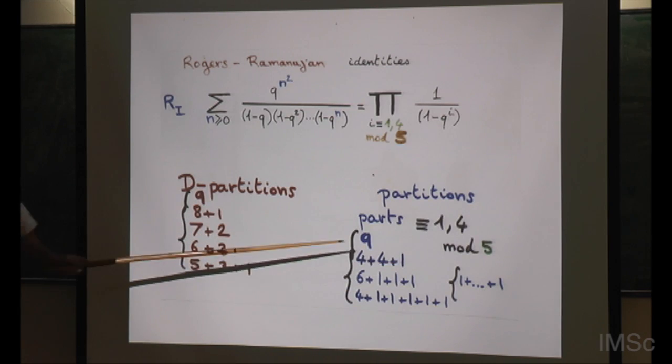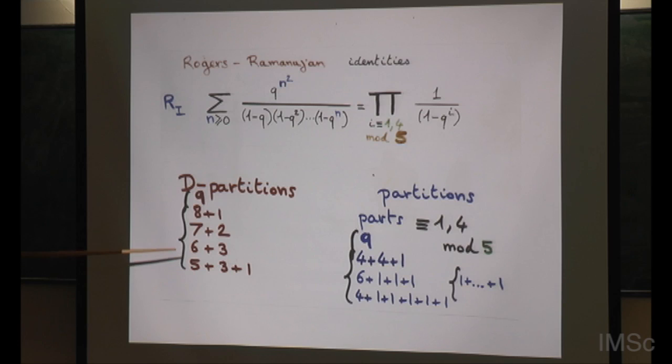So this is a miraculous formula. This is one of the jewels of combinatorics. This is true for any n. If you take n equal 100, for any n, there is the same number on both sides. If you find a nice bijection to prove this, you will be famous.